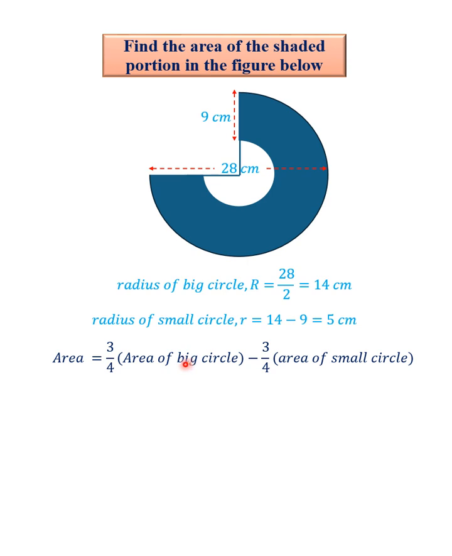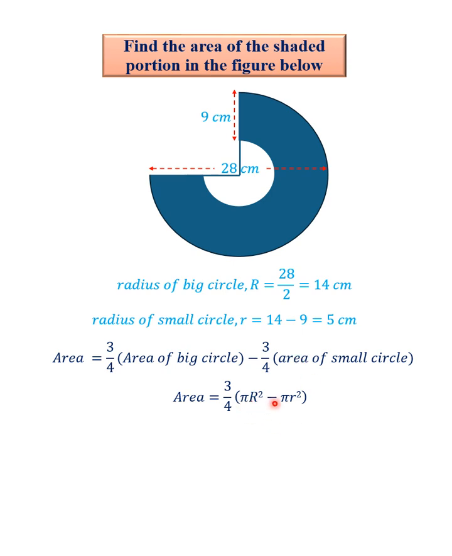So if we put the value, that formula here and here, we are going to have that the area of the shaded portion will be equal to 3/4 of pi R squared, because this is the uppercase letter R, this would be the area of the small circle, minus pi r squared. Lowercase letter r for this is for the big circle, and this is for the small circle. I have factorized the 3/4 out because it's common to both sides, right?